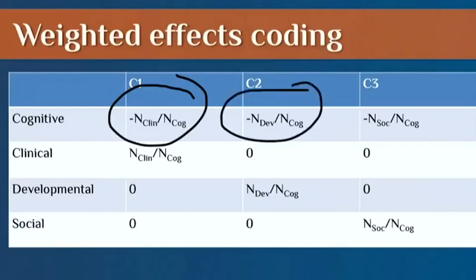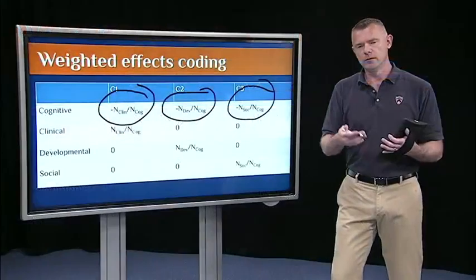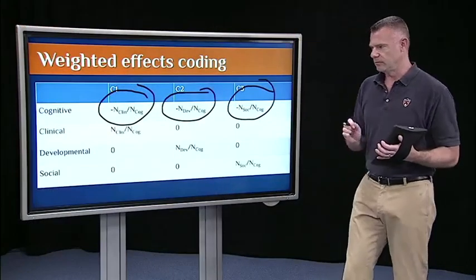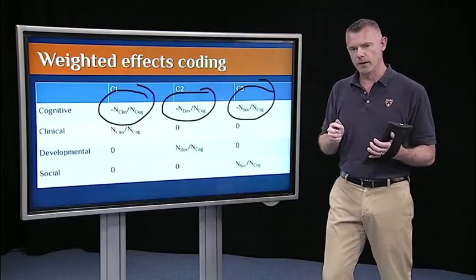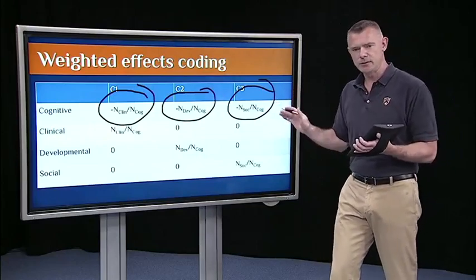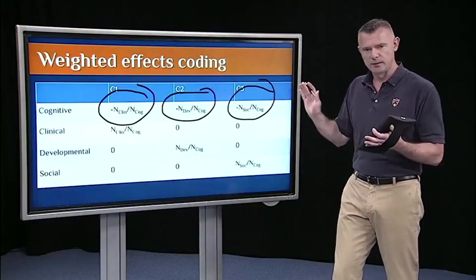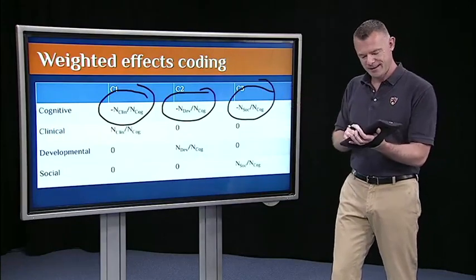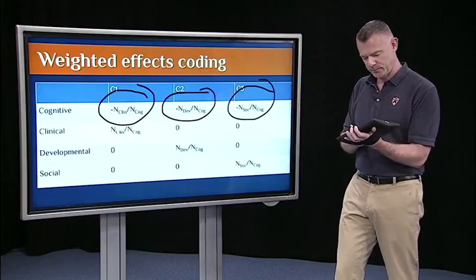Just do these fractions instead of -1. And that would get you the exact mean, which is just slightly off of 81.9. I didn't actually run that one, but I wanted to show you exactly how you would do that. And if you ever come across a situation where you needed to do that, that's weighted effects coding.